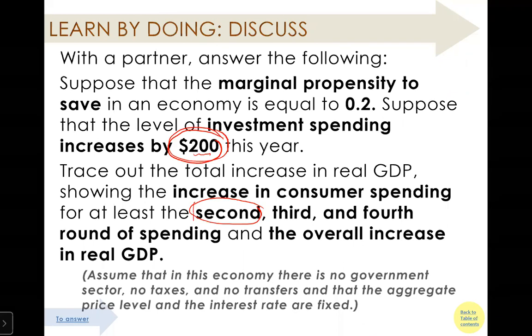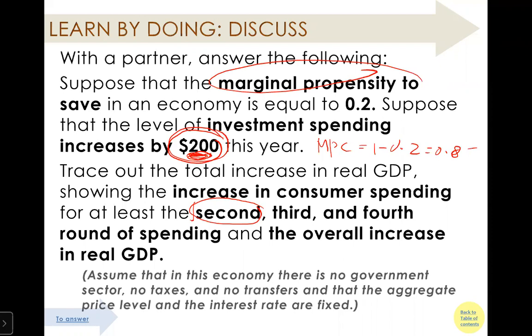The second round comes from the fact that whoever received the $200 is going to spend a fraction, the MPC. And here the MPC equals 1 minus MPS, which equals 0.8. Meaning in the second round, whoever received this $200 is going to spend 200 times 0.8. That's going to be $160.